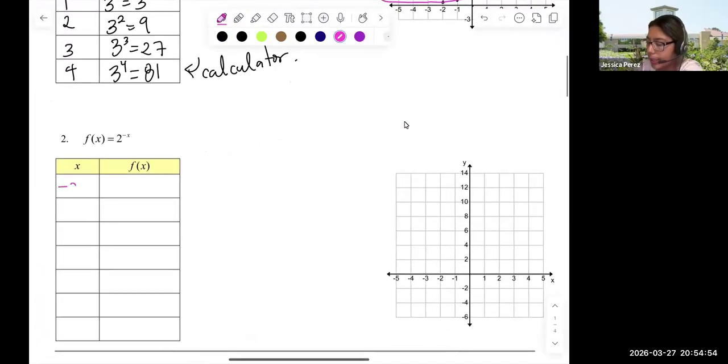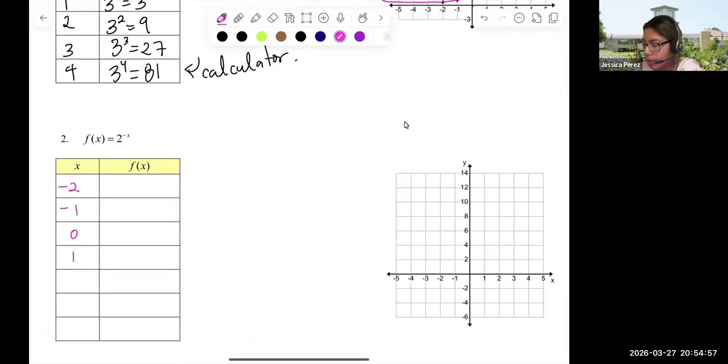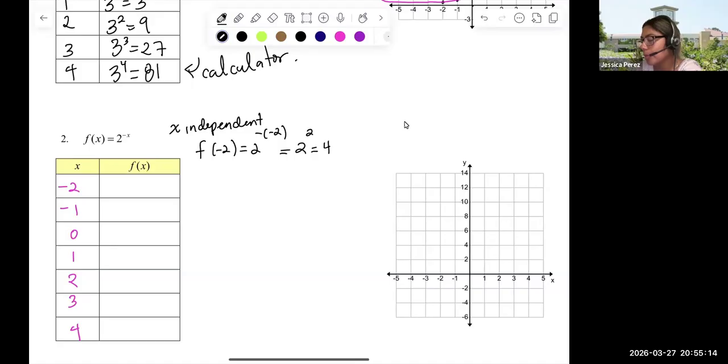Again, we're going to substitute -2, -1, 0, 1, 2, 3, and 4. X is our independent variable, so we're going to be substituting. We have f of -2 is going to be 2 to the -(-2). That gives you 2 to the +2, which is 4.